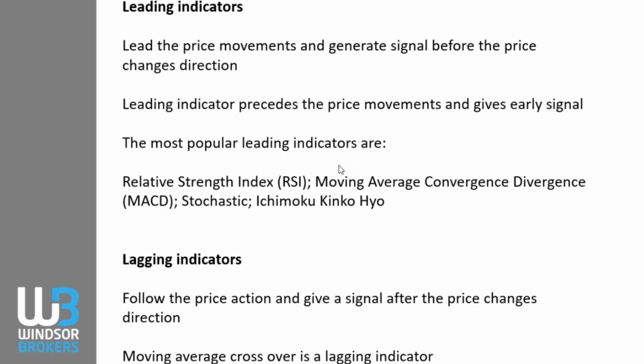On the other side, we have lagging indicators. The word lagging says they lag, they follow the price action, and the signal is generated after the price reverses. After the price reverses or changes direction, the lagging indicator just confirms this change of direction. I would say that the moving average crossover is one of the lagging indicators.